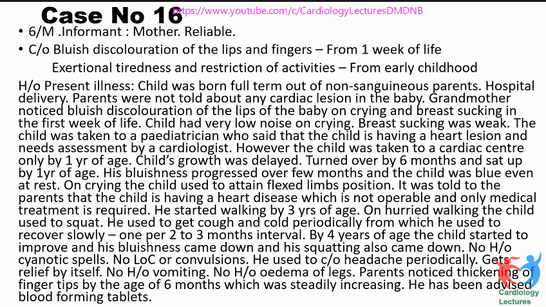What is the mechanism? The common situation where you get this is in VSD with pulmonary stenosis, especially the infundibular type of obstruction in tetralogy of Fallot. Is a cyanotic spell an indication of the severity of tetralogy of Fallot? Tetralogy of Fallot is always of severe severity.